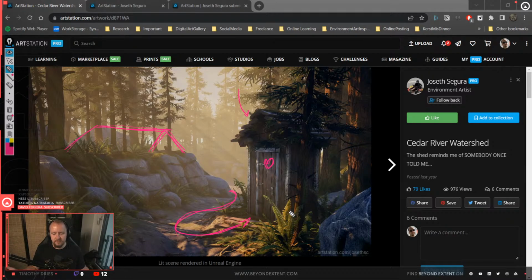Because let me give you a quick example on this, right? This is old grandpa's cabin in the woods that he built himself, that maybe at this moment in time got vandalized, and you're there to restore it, you know?